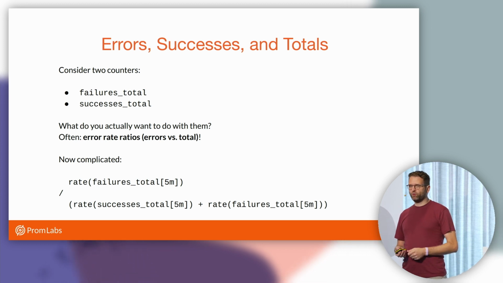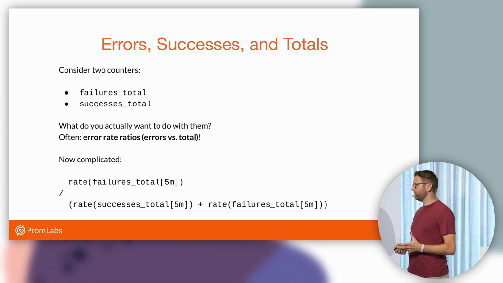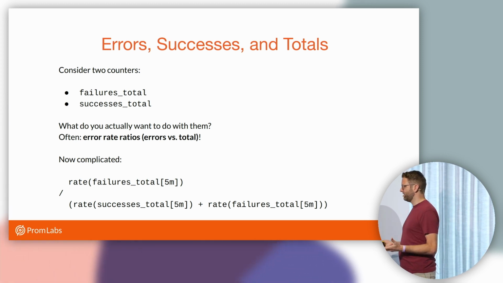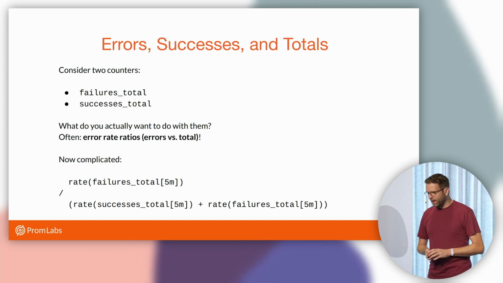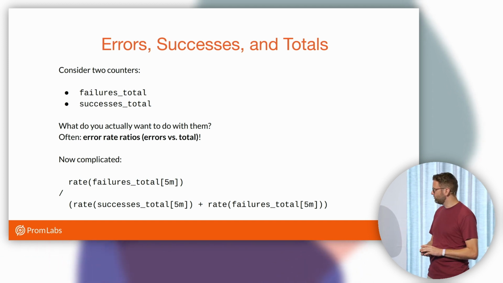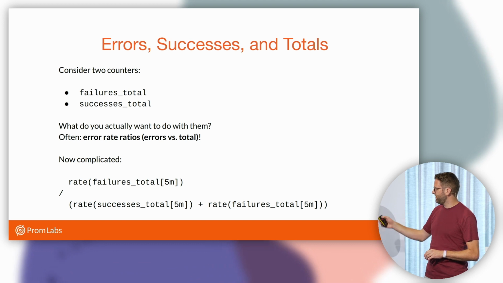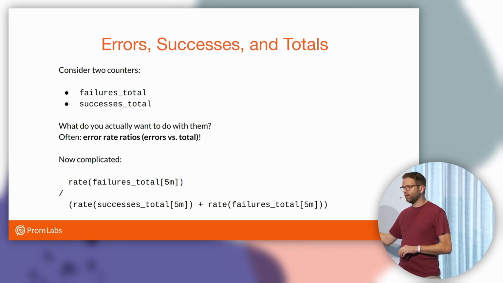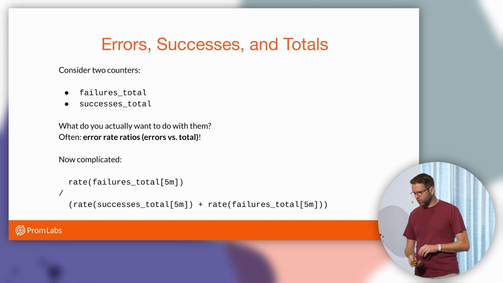But the most common operation you want to do in PromQL is to take a ratio, what's my error rate ratio, right? Like what's the percentage of errors I'm getting. And the PromQL expression you now have to write gets a bit complicated with these two types of counters. You have to take the rate of the failures, and then you actually want to divide by the total. But to get to the total, you have to sum up the rates of the successes and the failures.